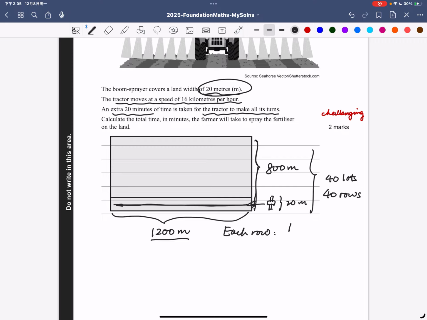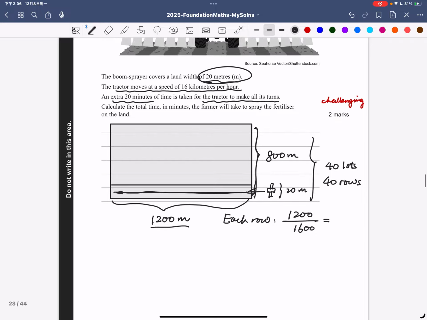So we say 1,200 divided by 16 kilometers. Actually, should be 16,000 meters. So that actually gives you, let's say, a time here.